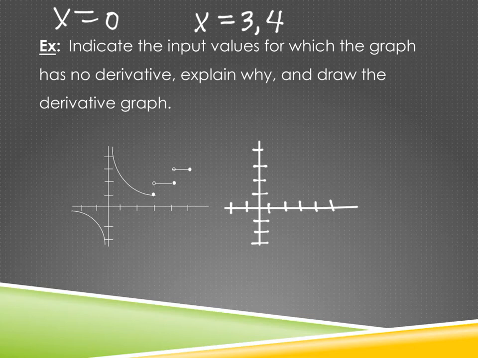Remember I said that, or not the x-axis, the y-axis. If the graph is on the left side and the right side, then your graph will be too. Same thing here. This graph is not at a y value, an x value of 0. So your graph won't either. Okay? So the discontinuity is happening at 0, 3, and 4. Let's write down some facts. Where is this slope 0?